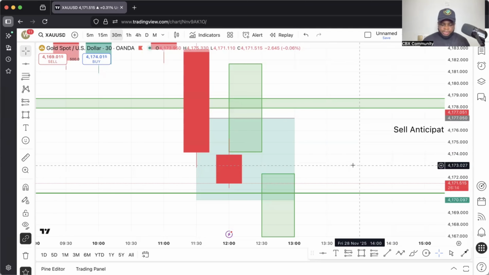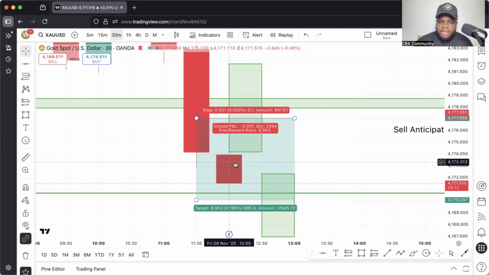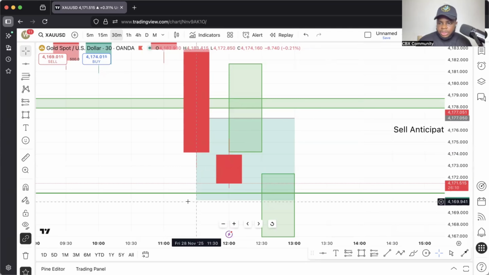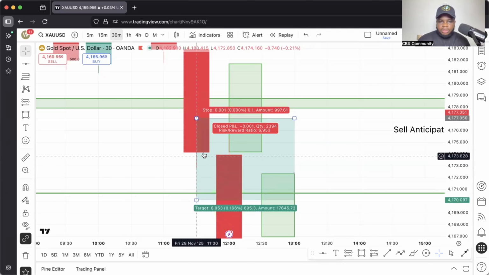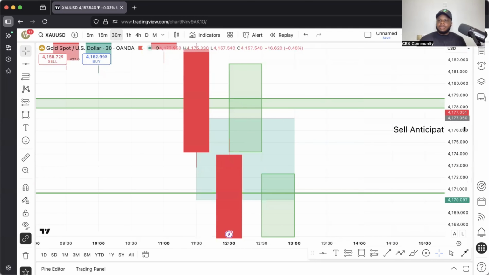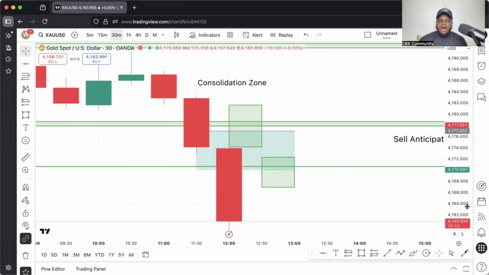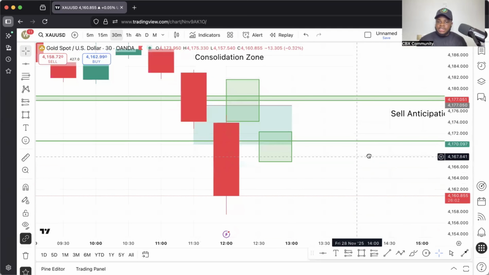Since there is volume in the market, we are expecting this candle to continue to come down to get to our TP. Our TP hit. Wow, look at the volume in the market.